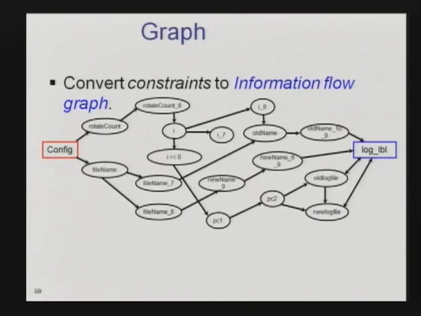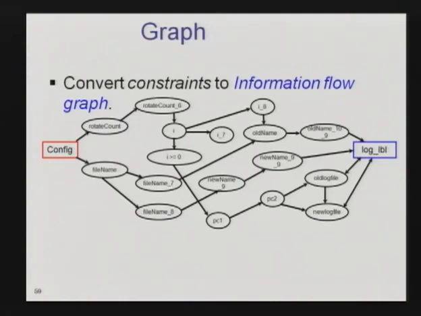So this is your high variable config, and this is your log, and each path here shows a flow of information. Each will correspond to a code path which allows a flow of information from config to log.